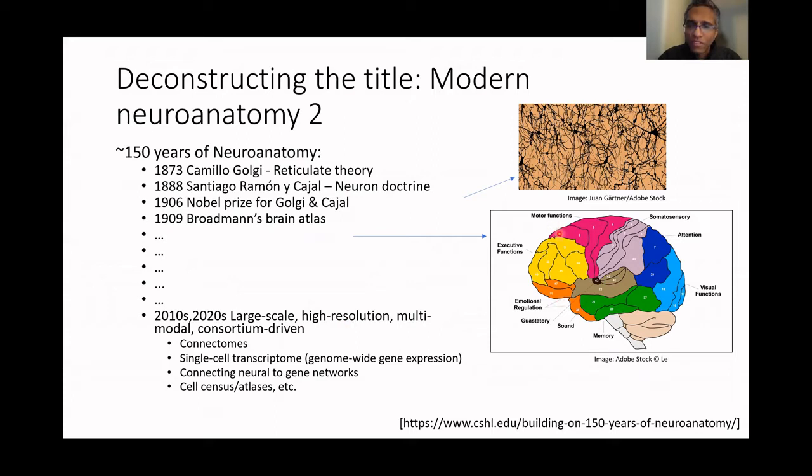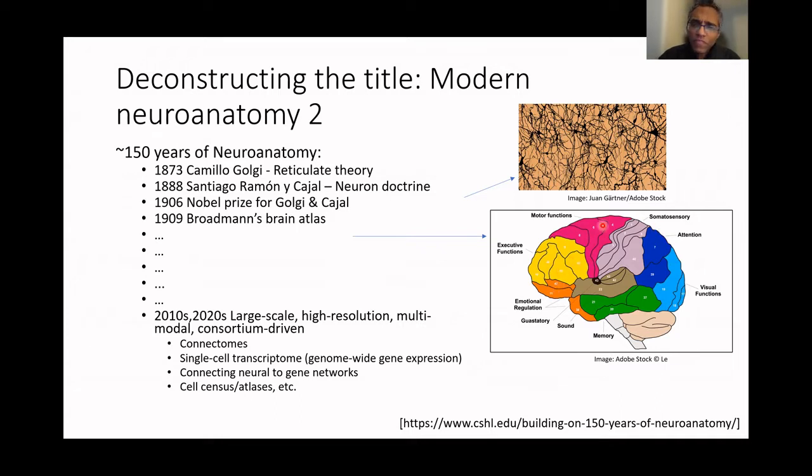Brodmann's atlas divided the brain into tens of regions, and it is still actively used as a reference atlas onto which newer data are mapped. But newer studies take a much higher resolution look at all the regions of the brain: you zoom in on one region and look at it in great detail, but also do that at large scale, for very many regions.